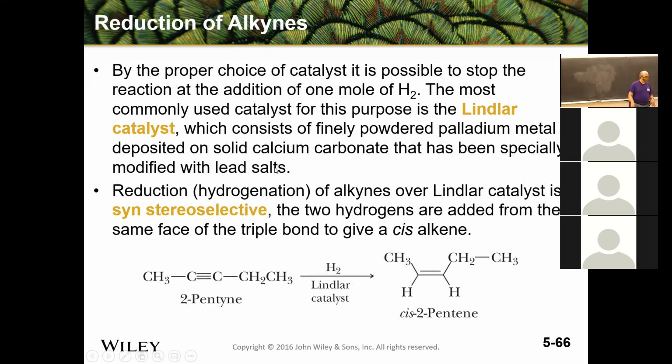And there are some other variations. Some of them use barium sulfate and a compound called quinoline, but the catalyst is partially deactivated, so it's not as efficient. When you use the Lindlar, it only adds 1 equivalent of hydrogen, but the alkene that you get is exclusively cis. So this is what we call syn addition. So this only gives the cis.